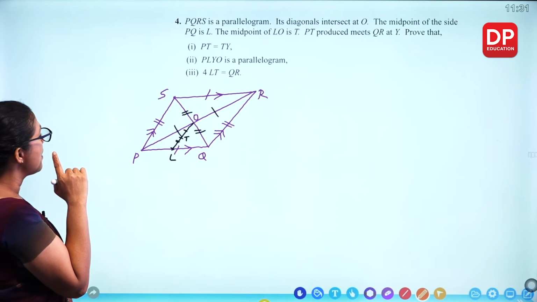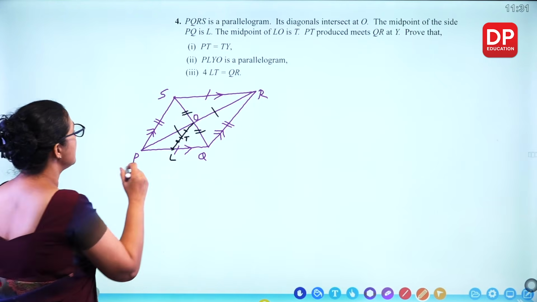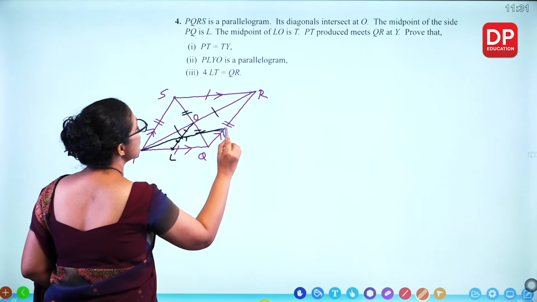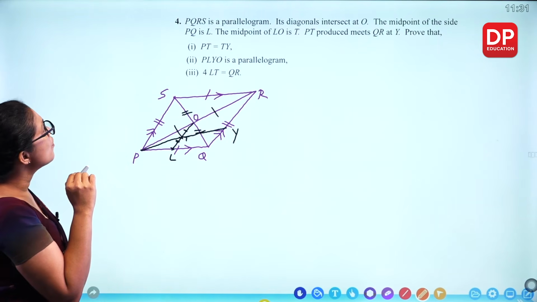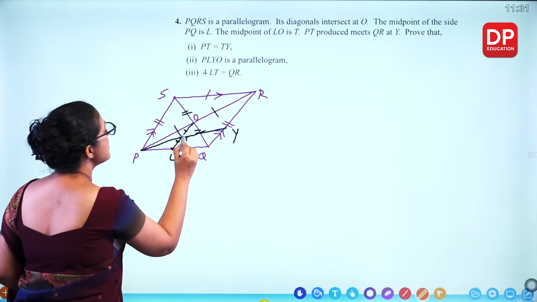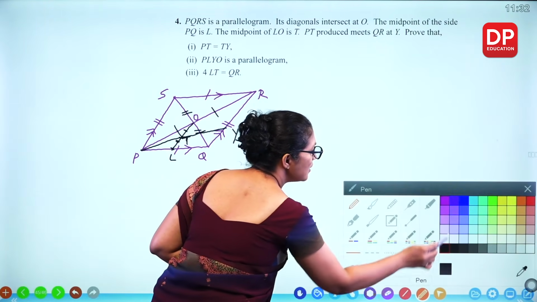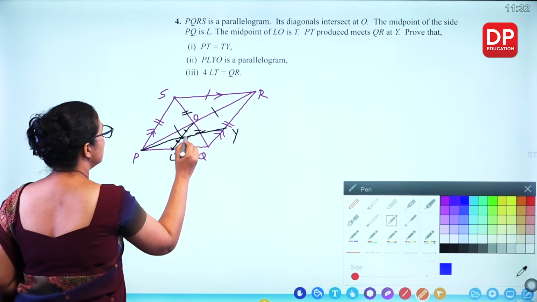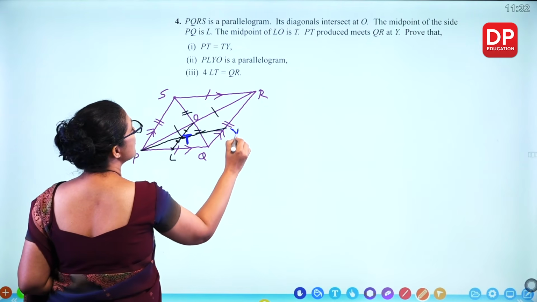PT produced and QR, PT produced meets QR at Y. So when you draw PT produced, this meets at Y. Prove that PT is equal to TY. So this is T. I'll use a different color. This point is T and this is Y.